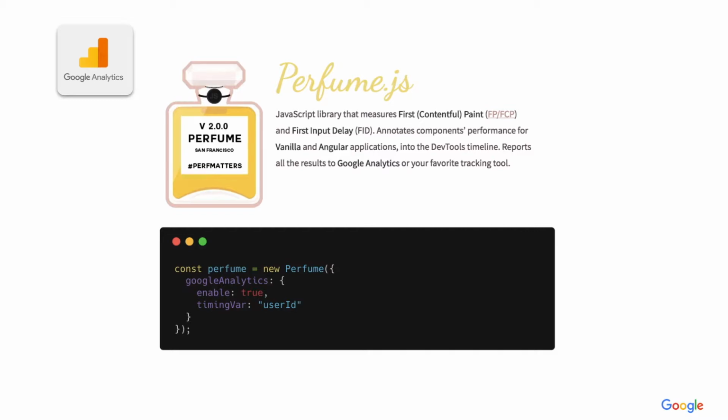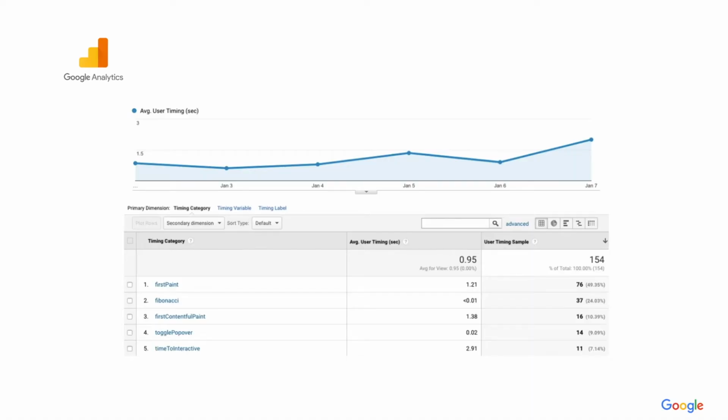And there is also this plugin, this JavaScript module called Perfume.js, that helps you to send data to analytics, timing and everything. So I encourage you to have a look. It's very powerful. And with that, you can, for example, create your own metrics.